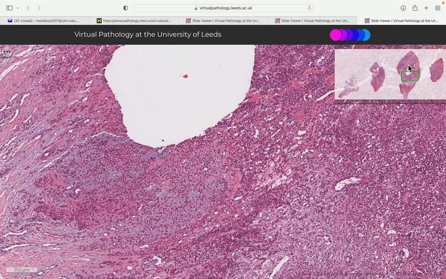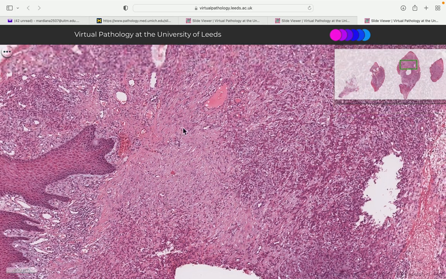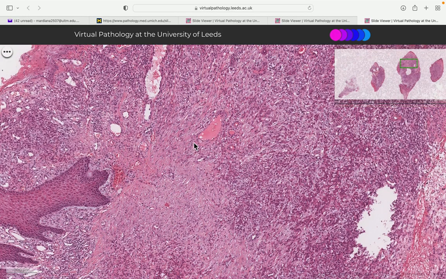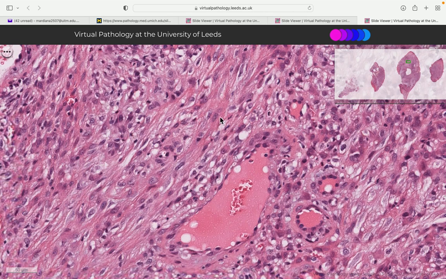Fibroblasts are cells that are responsible for laying down collagen, and they are a bit more elongated in their appearance. So these are them, cells which have a lot of eosinophilic cytoplasm with tapering ends. That's all fibroblasts.